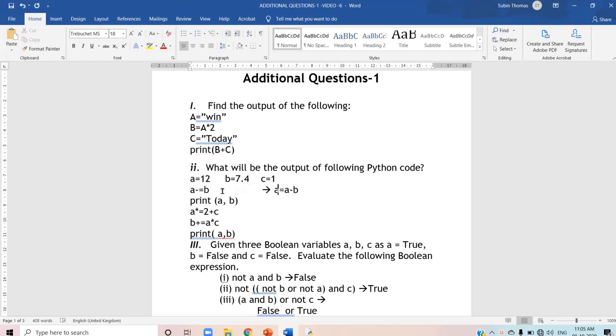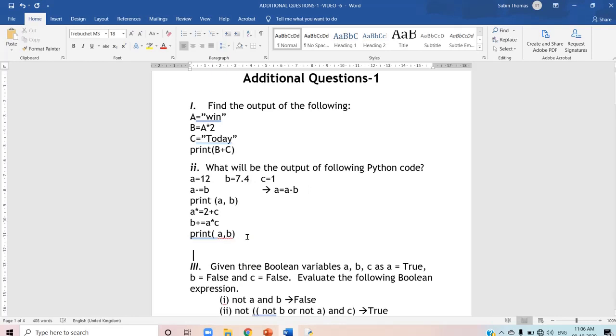Now here I am going to calculate this value. A is 12. 12 minus 7.4 means you will get the answer 4.6. So when you do this type of question, just write the variables this way: A is there, B is there and C is there.